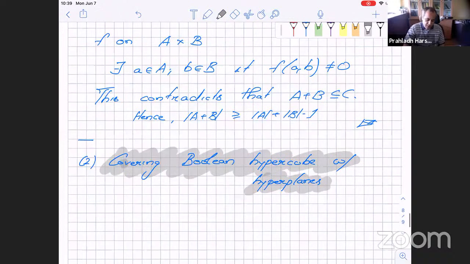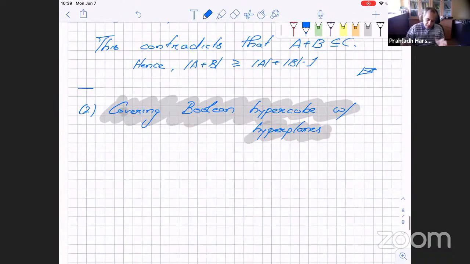This is a sort of a puzzle sort of a question. So I'm looking at the Boolean hypercube, which is {0,1}^n. It is these 2^n points, and think of them sitting in R^n.